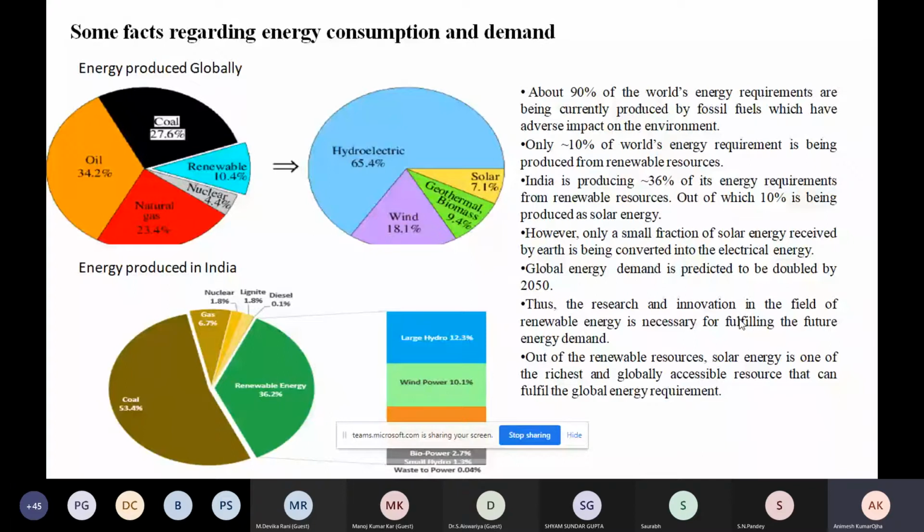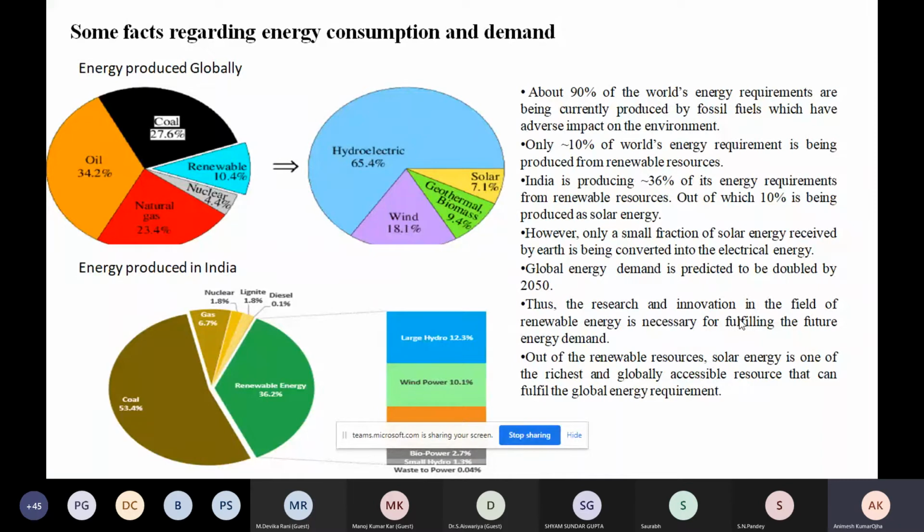As we know, there are several categories of non-conventional energy sources that produce electrical energy, basically hydroelectric, biomass, and wind-based energy. I'm not going to discuss all of them.